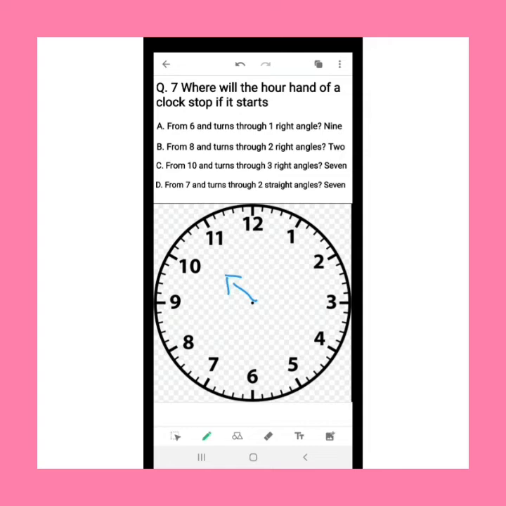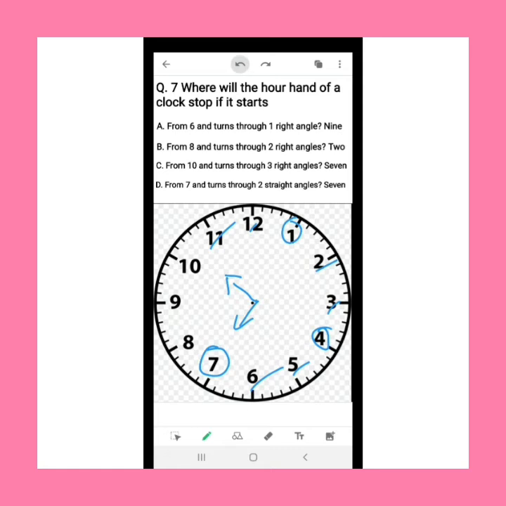First will be 11, 12 and on 1 it will be the first right angle. Then again 2, 3, on 4 would be the second right angle. For the third, 5, 6 and it will reach onto 7. Then it will make the third right angle turn. So it is reaching onto 7.